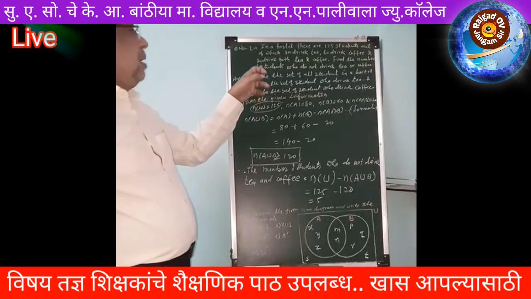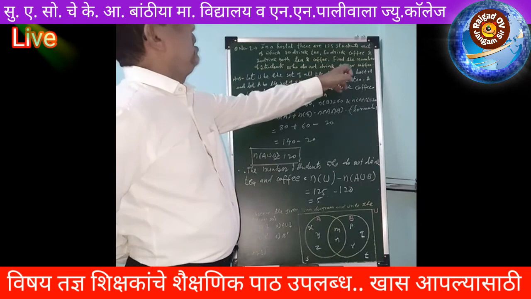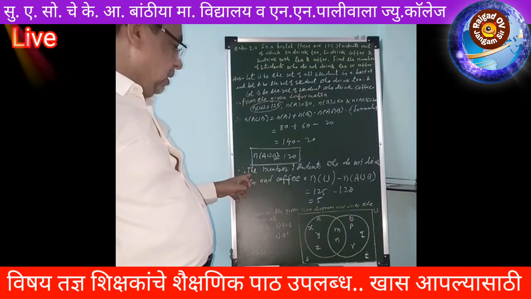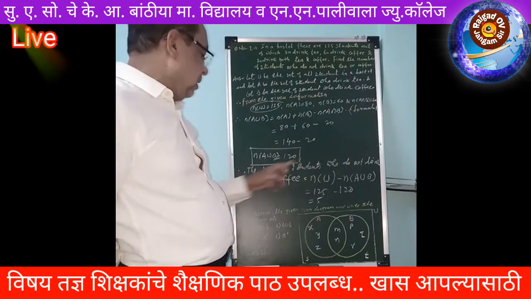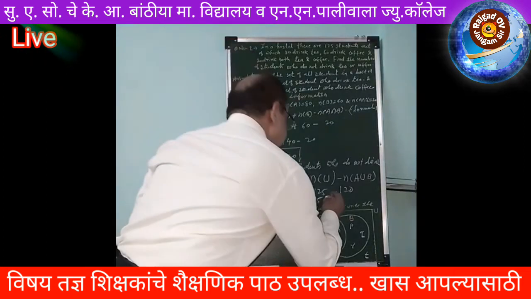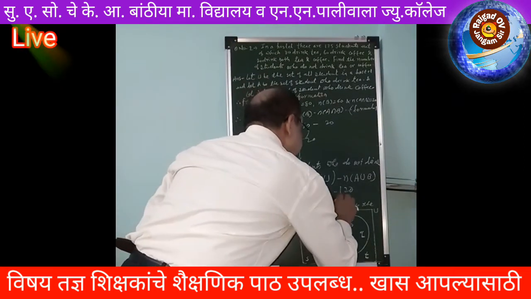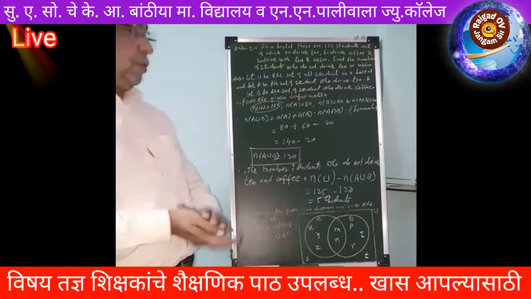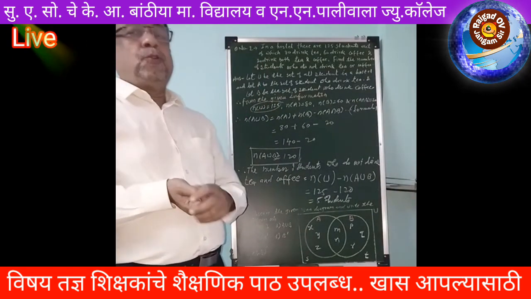So we find the answer: the students who do not drink tea or coffee number 5. So the number of students who do not drink tea or coffee equals 5 students. In this way you can solve question number 2.